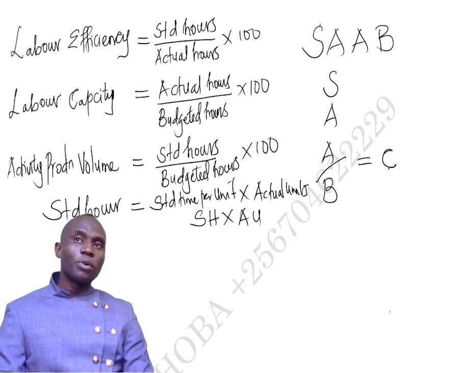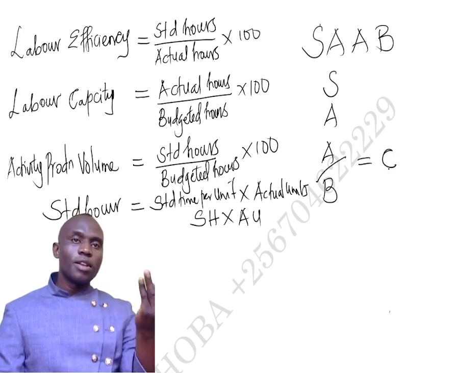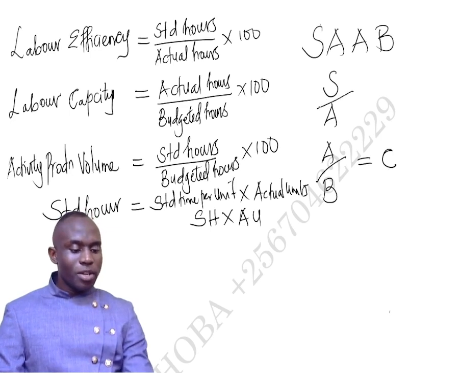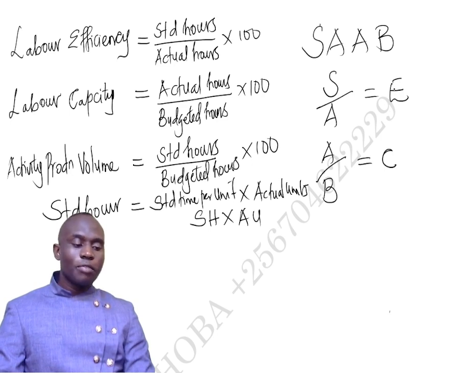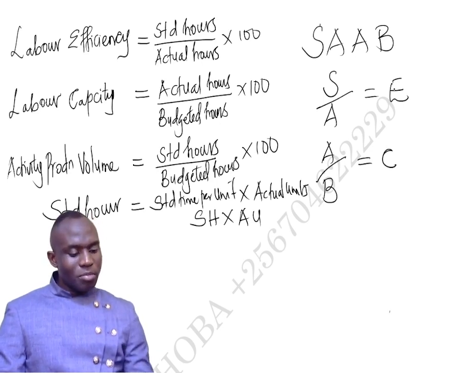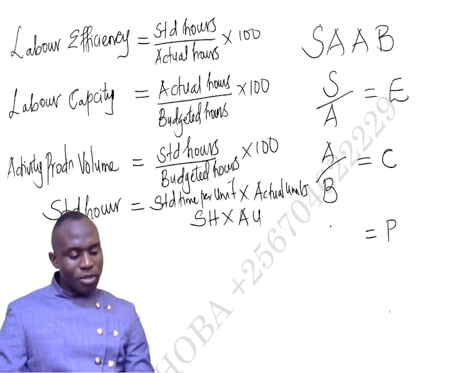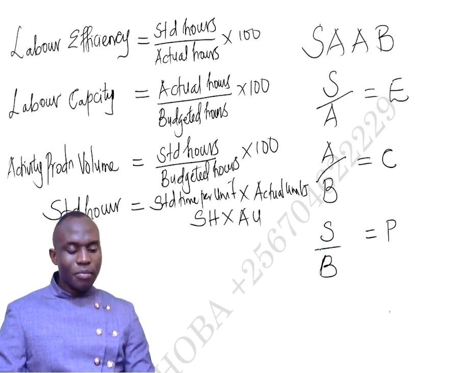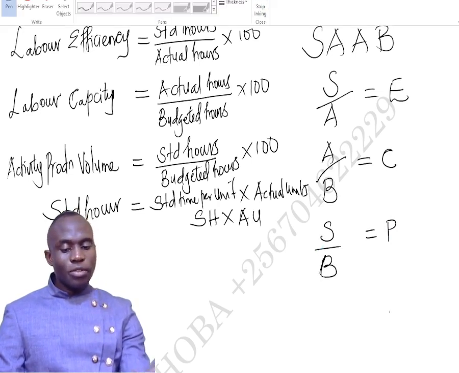Then after that you go to D, then E. So this upper one is the efficiency ratio. And finally, if you want the last one, just remove what is in the middle. That is the shortcut. So when you remove the A's, production volume is going to be standard over budgeted. So you just add H throughout.